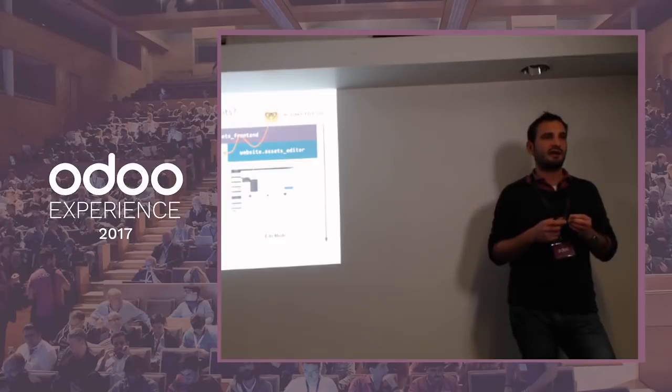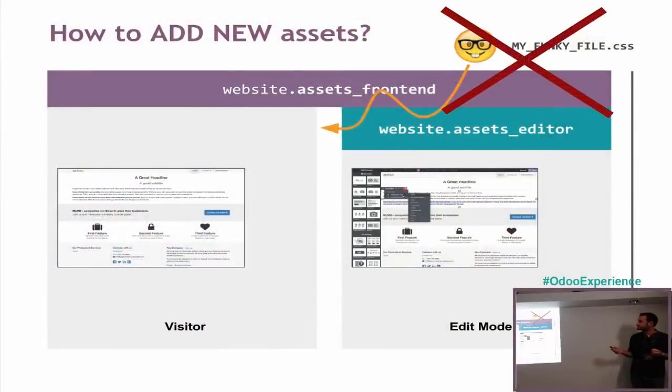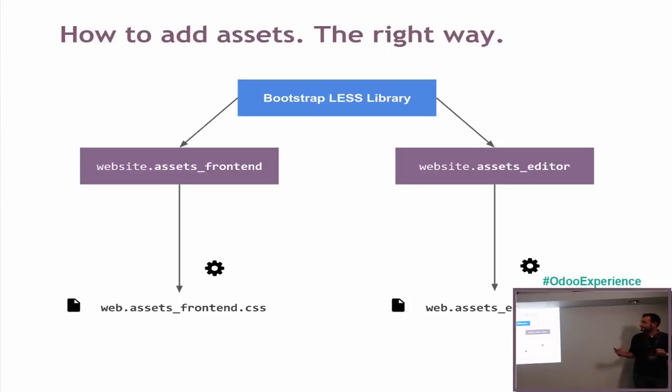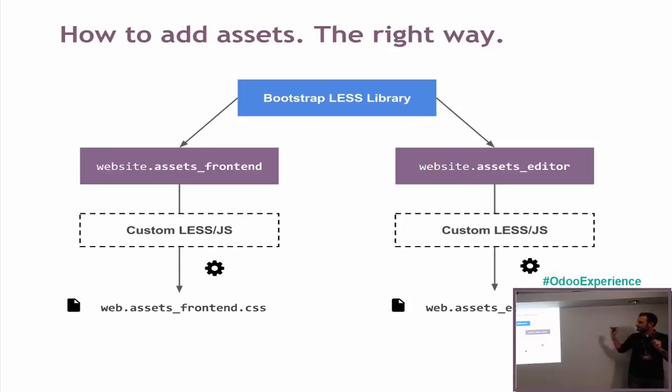So the best way to do that is to include your asset file directly in the system before the two bundles are compiled. So for example, I create a less file with all my style for the wonderful typography and the background option that I want to use on my website, and I will add it inside website asset frontend.